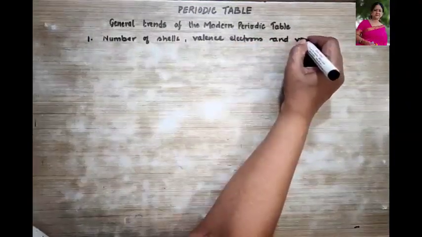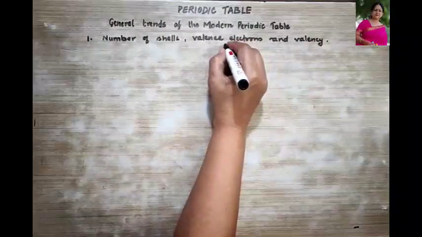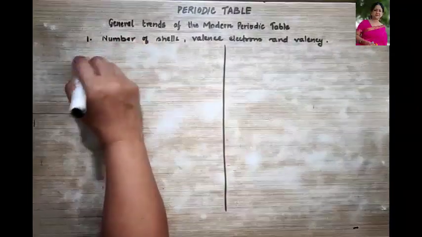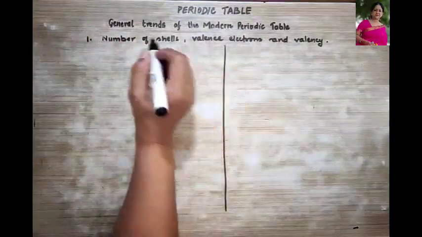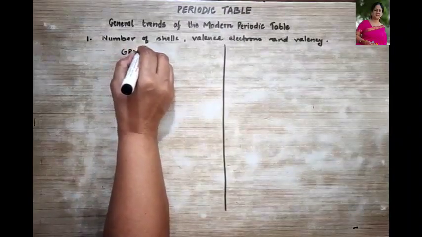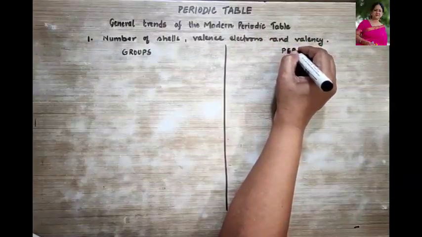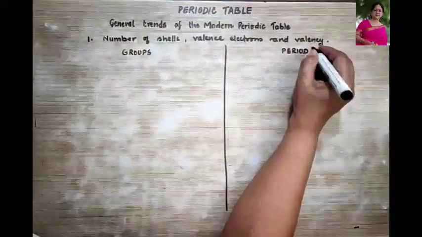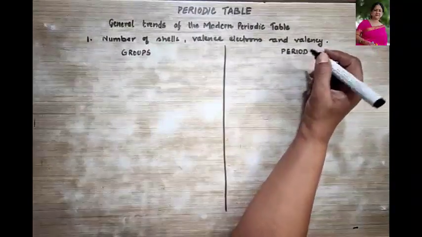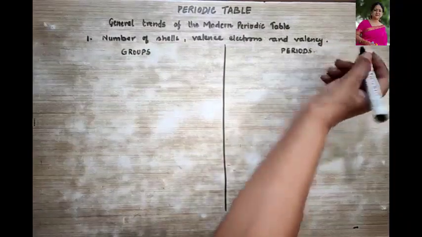Let me divide this into two parts so that we understand the number of shells, valence electrons and valency in the groups as well as in the periods. With this comparison, you will be able to learn it faster and more easily.